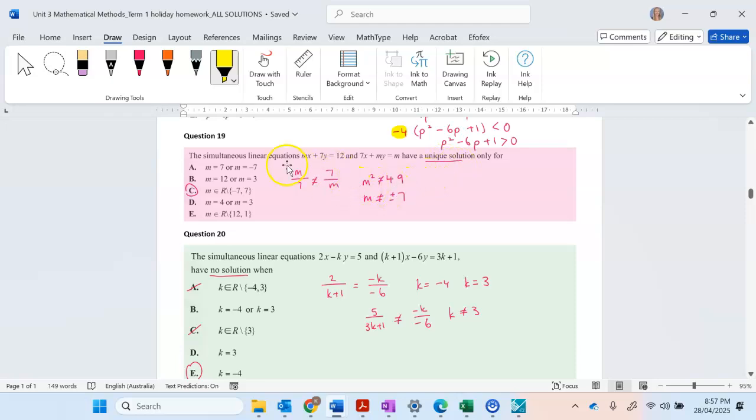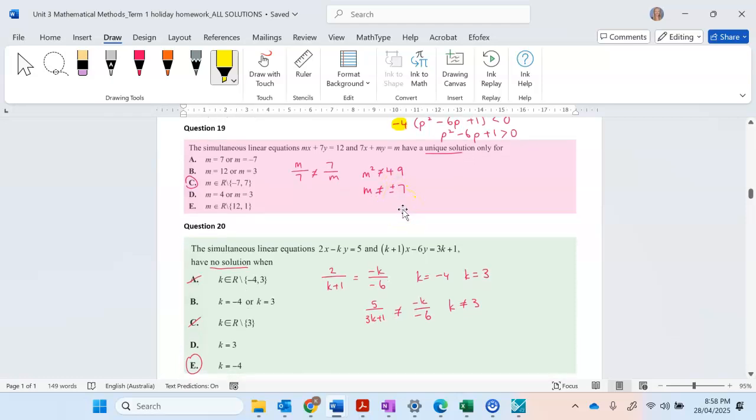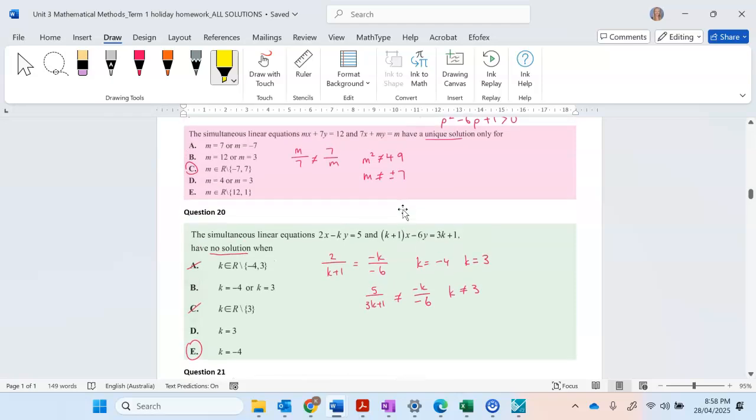So when we solve for our ratios, we get m squared does not equal 49, or you can solve for m, but we ultimately want to know what m can't be. So it can be any real value excluding the square root of 49, and we've got to include both a positive and -7. All right, easy question, that one.